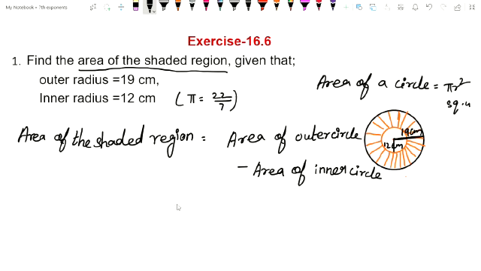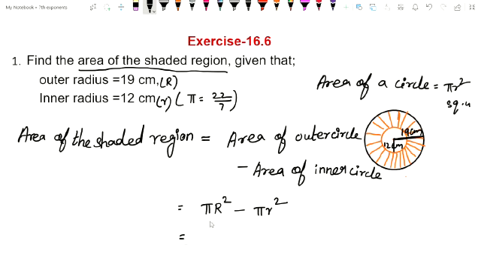So area of the shaded region equals area of the outer circle minus area of the inner circle. Here the outer radius is represented by capital R, and the inner radius by small r. So pi R square minus pi r square, because the area of a circle is pi r square.